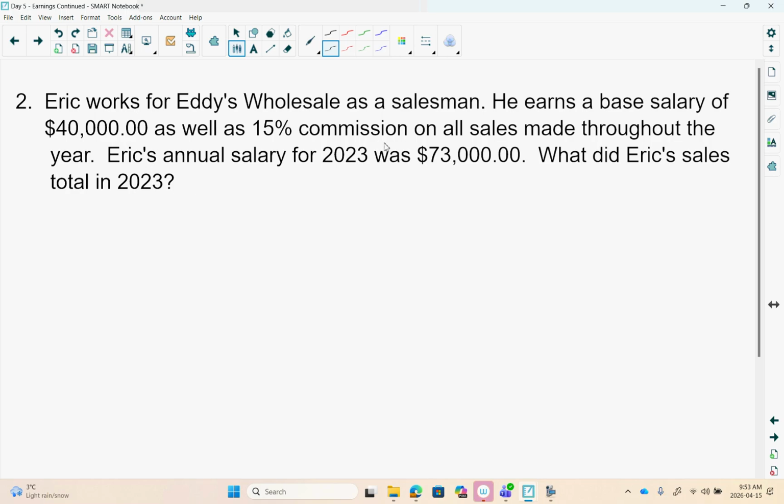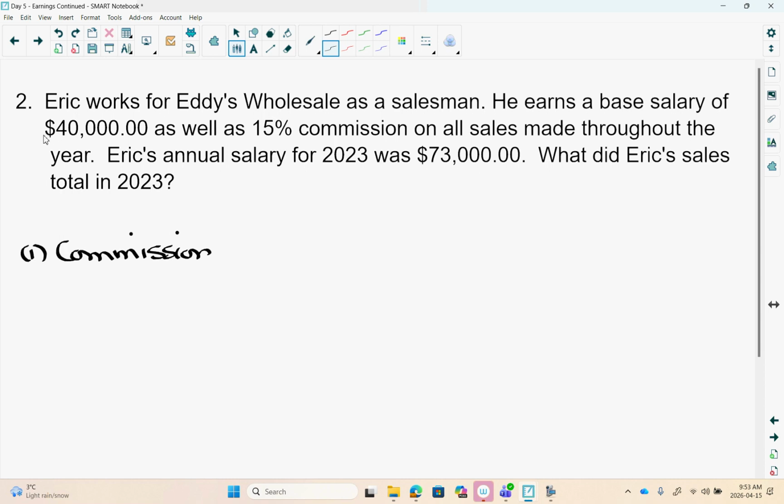So first of all, I have to figure out what he made in commission. How would you figure out what his commission is? He's got a base salary of $40,000 and he made $73,000.